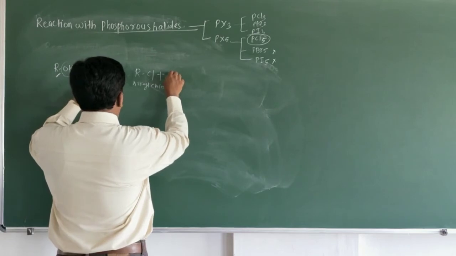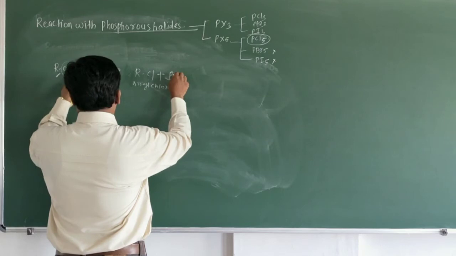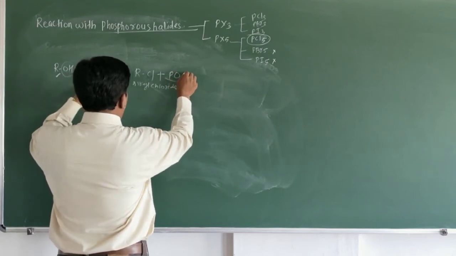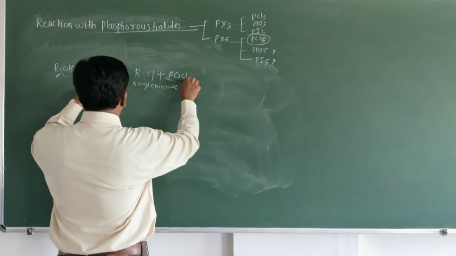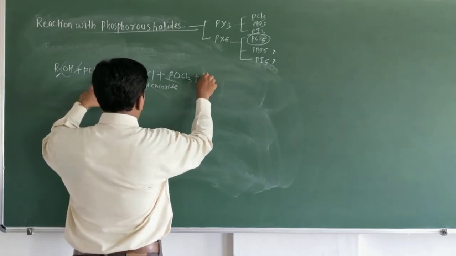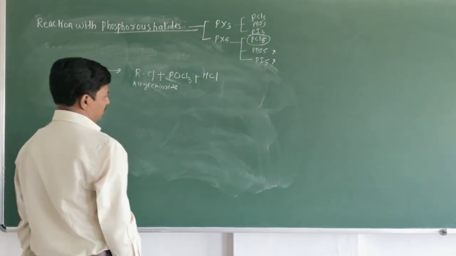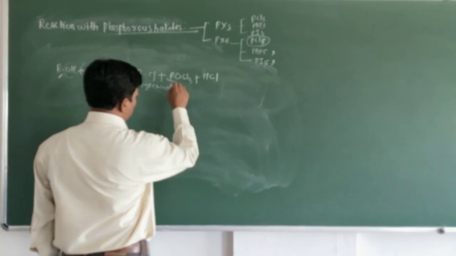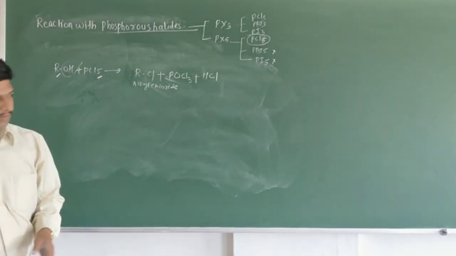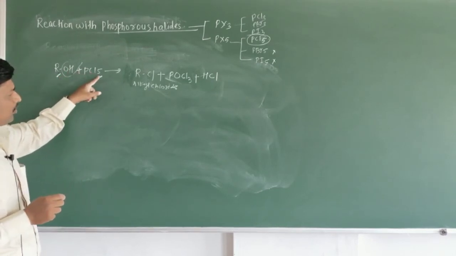One is phosphorus P, then the oxygen atom, and the three Cl, POCl3, phosphoryl chloride, and one hydrogen atom and one Cl, that is HCl, is formed. It is phosphoryl chloride. Now in this way the reaction is like this: when alcohol reacts with phosphorus pentachloride, it forms alkyl chloride.